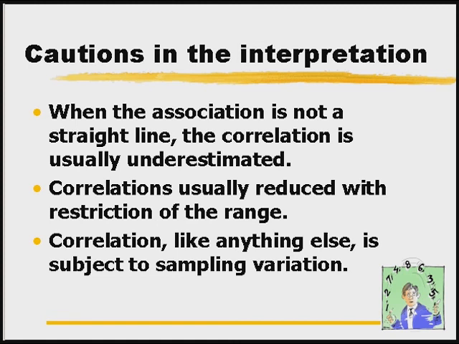Limits within which 80% of the sample values of a Pearson's correlation will fall when the true correlation is 0. So in other words, our hypothesis is that there is a correlation of 0 or there is not a correlation of 0. So if you have a sample size of 5, the correlation would be between minus 0.69 to plus 0.69.